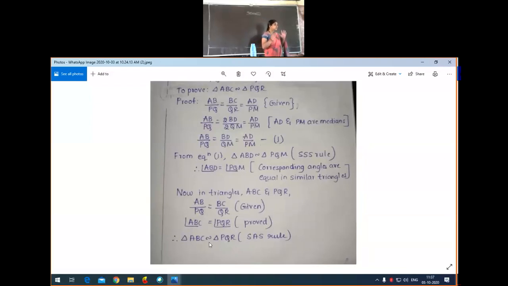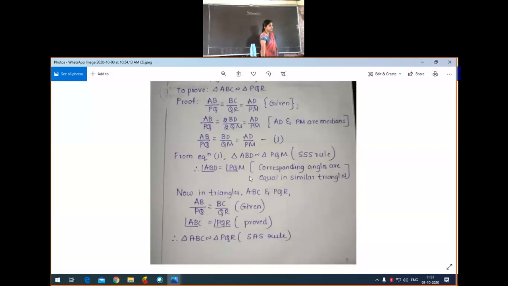Very simple, no? From the given data, we start the problem actually. Then we applied the median property here. So we got one result that from that first part the triangles are similar according to the SSS similarity rule.